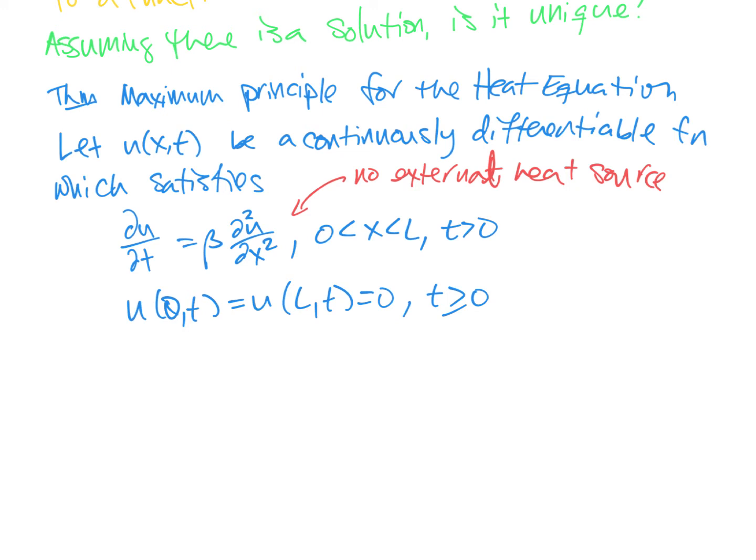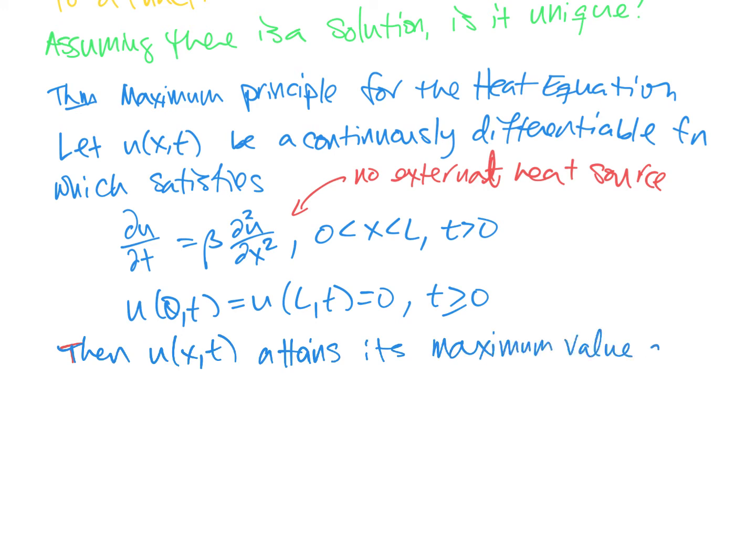So the way that we're going to say that mathematically is that the maximum value of the whole function u(x,t) attains its maximum value at t equals 0 for some x in [0, L].